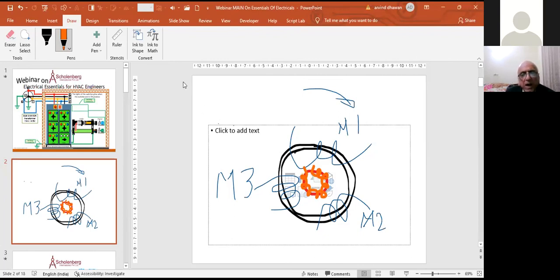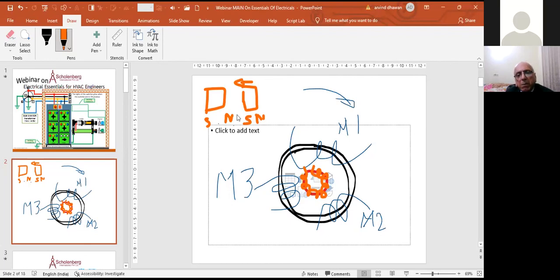The fundamental of magnetism is that if you have one magnet here and one magnet here, depending on the pole, if this is north pole and this is south pole, this will be south and this will be north. Any magnet has two poles. So unlike poles will attract, so it will move in this direction.